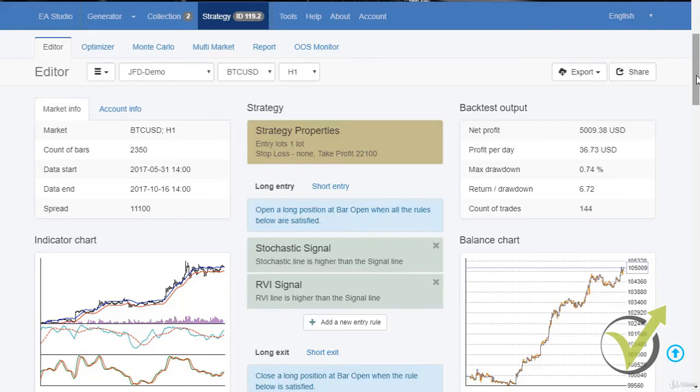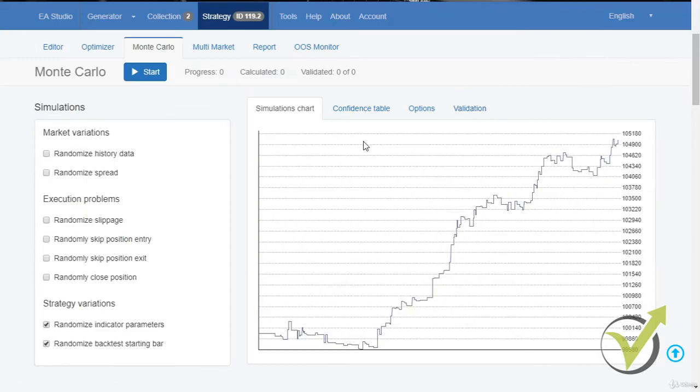So if I want to have $210 and I have $11 of spread, I need to place my take profit in the expert advisor of 221. So it's 210 plus the spread. Okay, hope it's clear.